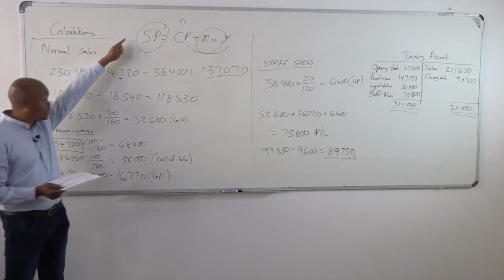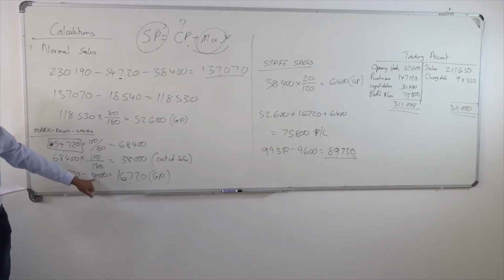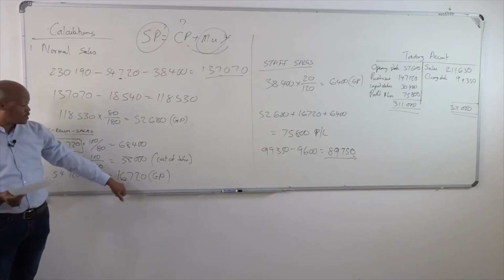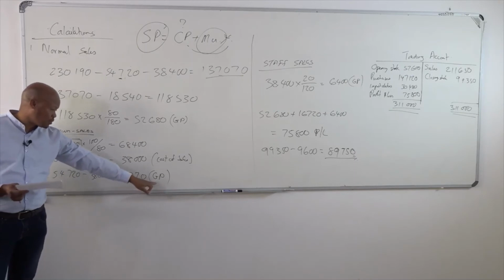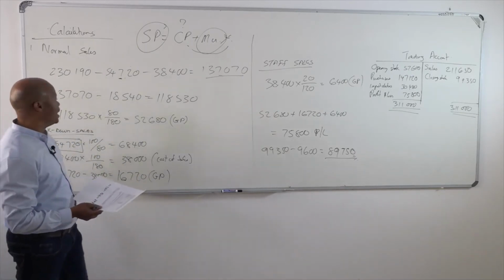Now I'm applying that methodology there. Actual sales, not anticipated sales, please. Actual sales less cost of sales gives me 16,720. That is the gross profit. You might even get a loss as gross profit of the markdown sales.